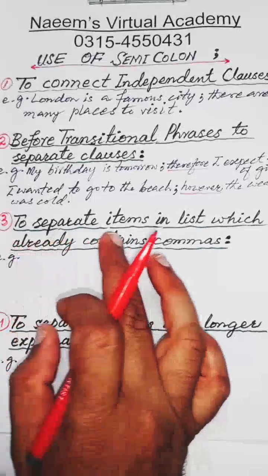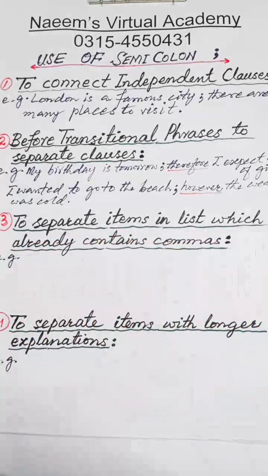So use number 3 is to separate items in a list which already contains commas. How?